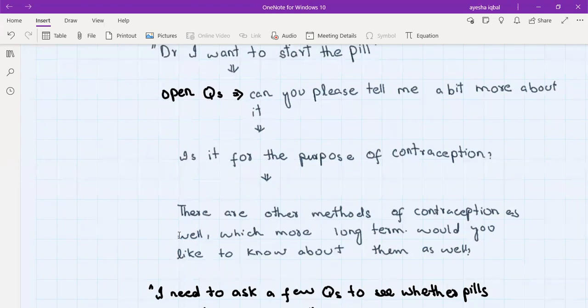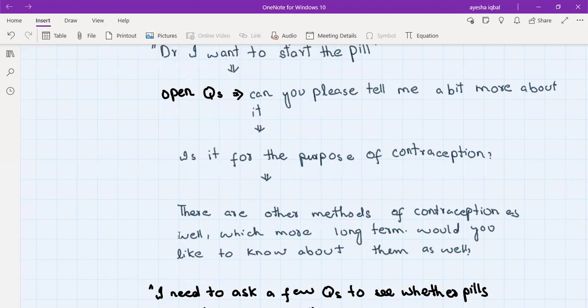The patient is asking for a combined contraceptive pill. So it's important that you assess her knowledge about other methods of contraception and whether or not she would like to know about them. We'll tell her there are other methods of contraception as well, which are more long term, and ask if she'd like to know about them.